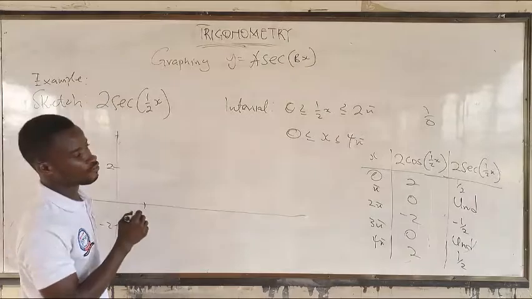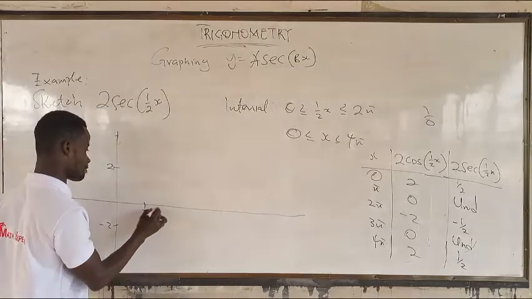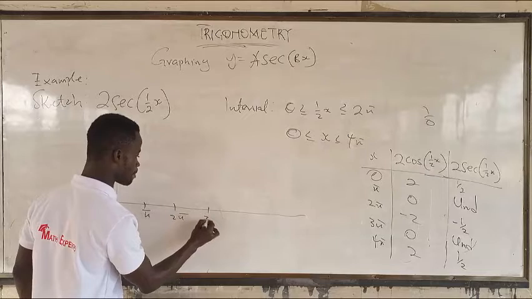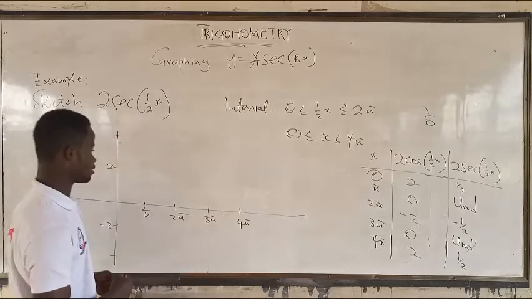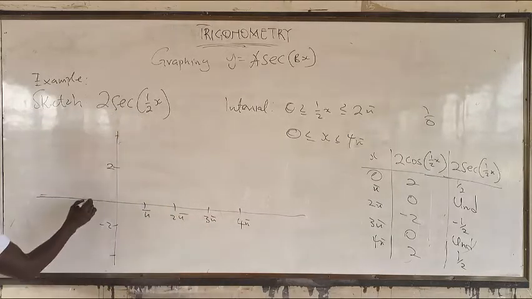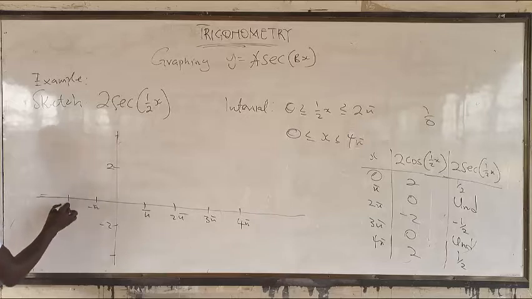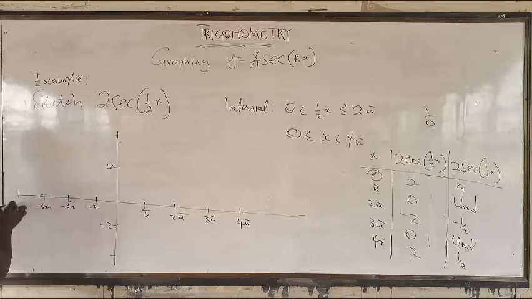So here we have pi, 2 pi, 3 pi, 4 pi. Here for the negative side, we have negative pi, negative 2 pi, negative 3 pi, negative 4 pi.